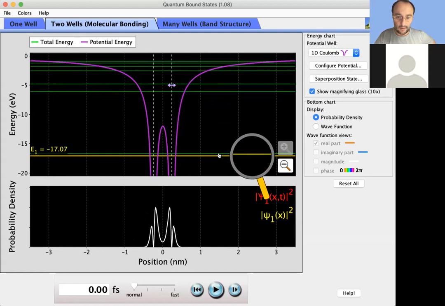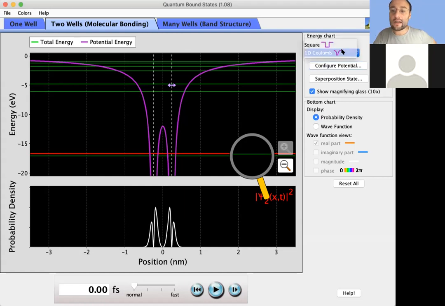And you can see that the bonding state has more electron density in between the atoms than the anti-bonding. This is more like a realistic atom. Not completely realistic because it's a Coulombic potential in 1D. Realistic would be 3D, and the 3D situation is more rich.